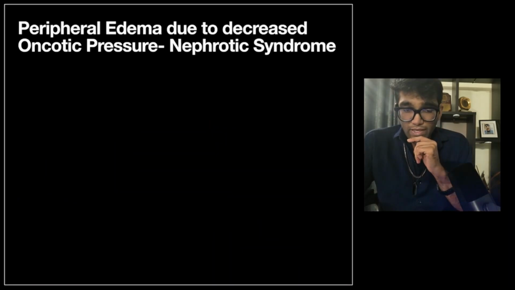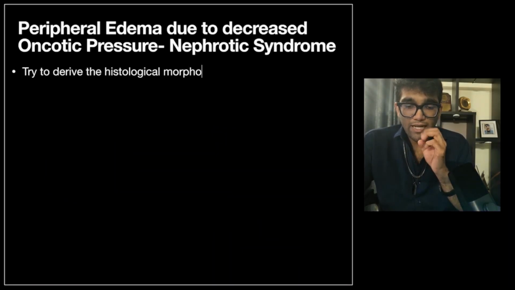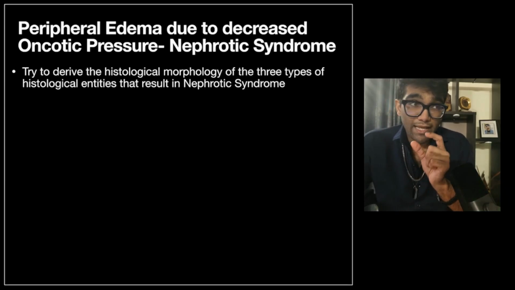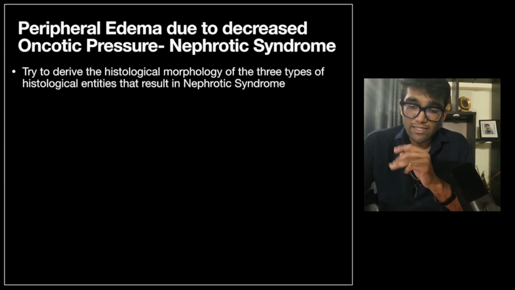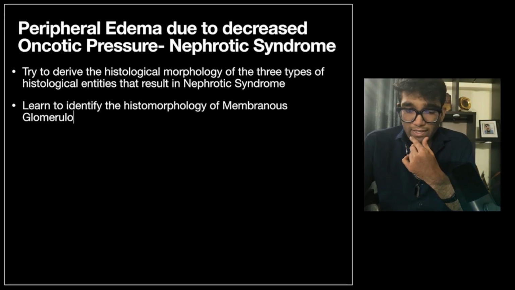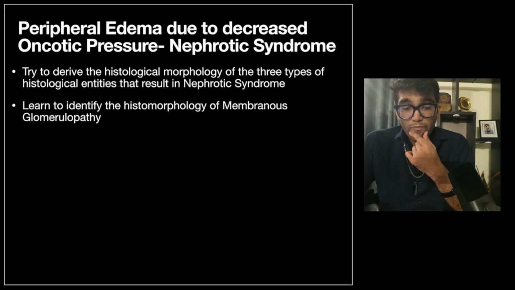Now, having gotten that out of the way, what we'll be discussing today is we'll try to derive the histological morphology of the three types of histological entities that clinically result in nephrotic syndrome. We'll learn to identify the histological morphology of membranous glomerulonephropathy.